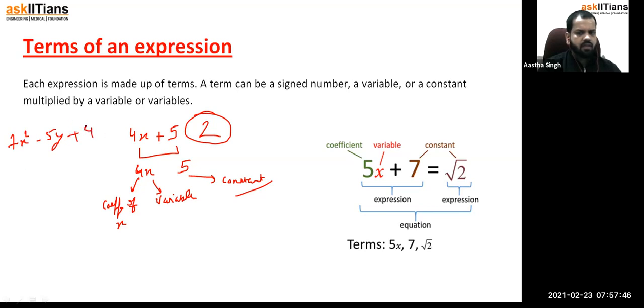This is an algebraic expression, and you need to find how many terms there are. There are three: 7x square, 5y, and 4. Basically, count the terms separated by plus and minus.